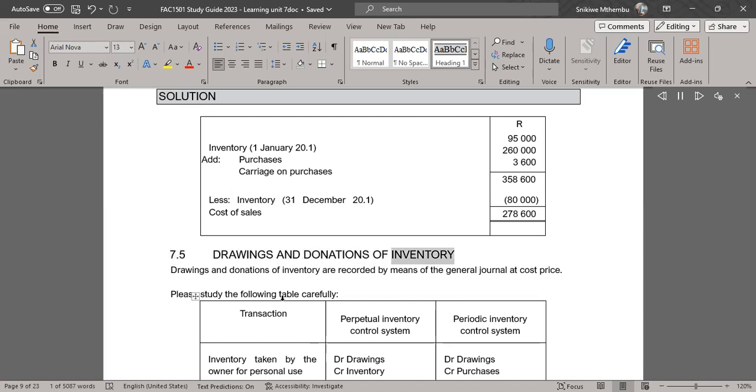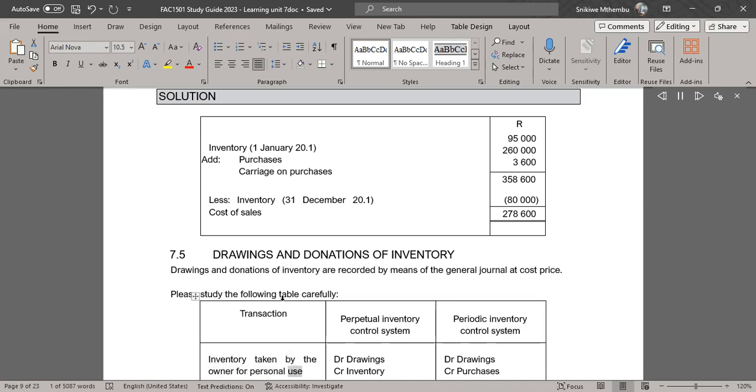7.5 Drawings and donations of inventory. Drawings and donations of inventory are recorded by means of the general journal at cost price. Please study the following table carefully. Transaction. Perpetual inventory control system. Periodic inventory control system.